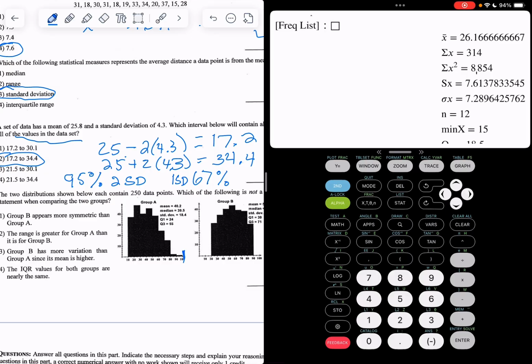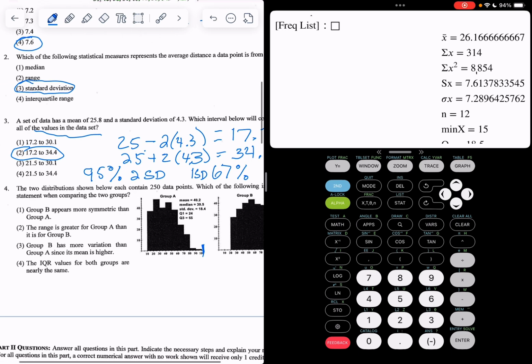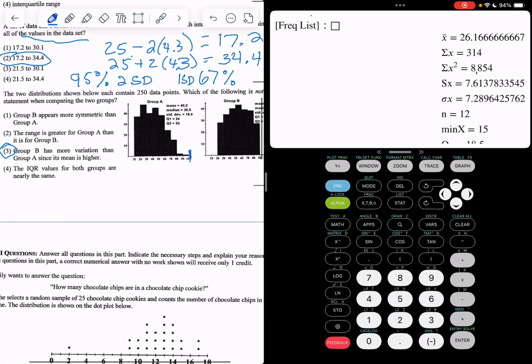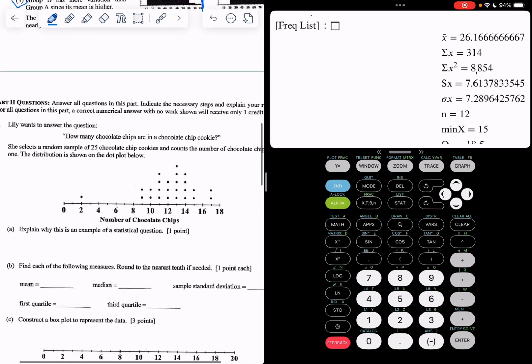Group B has more variation than group A since its mean is higher. Well, the mean is not an indication of variation. It's just the average, all the numbers added up and divided by the number of data points. So 3 is not a valid statement of that data.